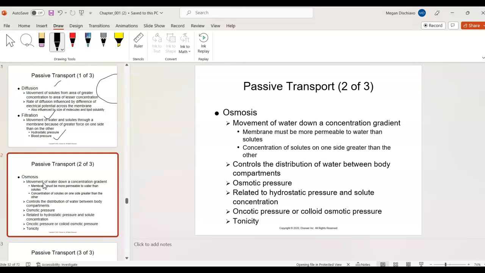Let me try to simplify this for you. I'm not sure if you can see the little dots I'm making. Suppose this is sodium inside of a cell, and this is sodium outside of a cell. I put a bunch of dots on the inside and three dots on the outside.